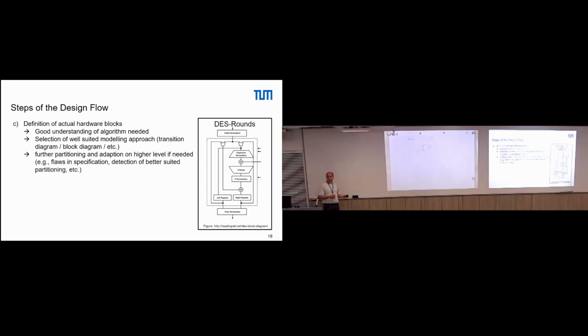It's not software. So if you want to have a multiplexer, then you should describe a multiplexer. If you want to have a flip-flop, then you should describe a flip-flop and not just something that makes logical sense but is not hardware. To do this, of course, you need a good understanding of what the algorithm is about.